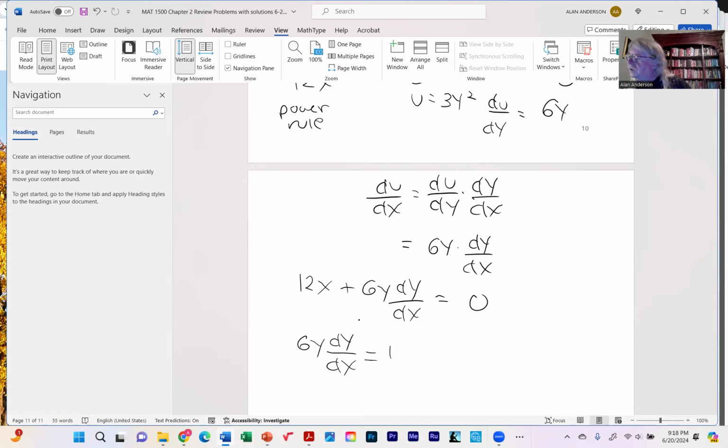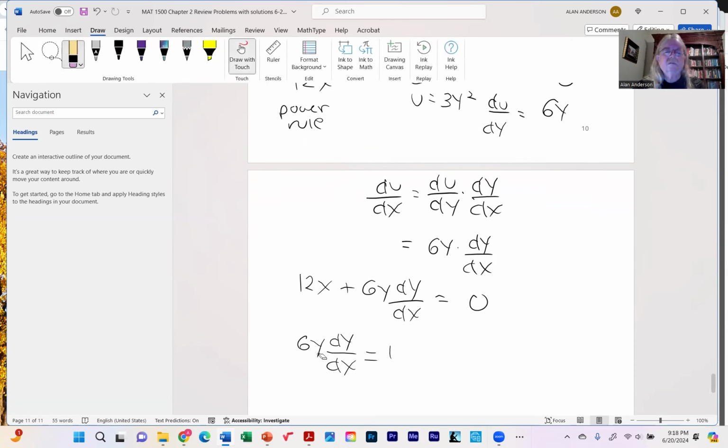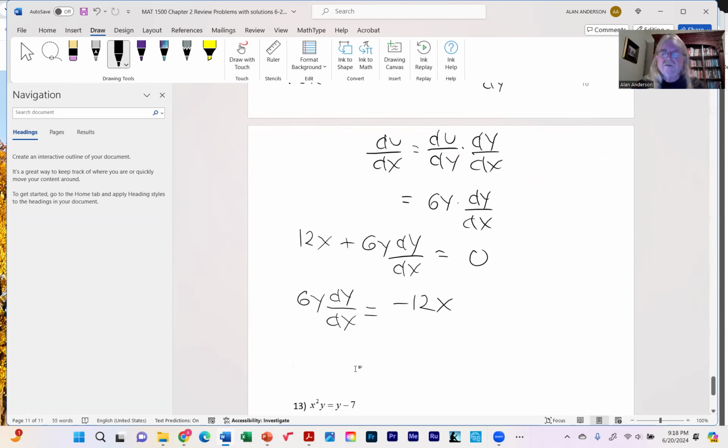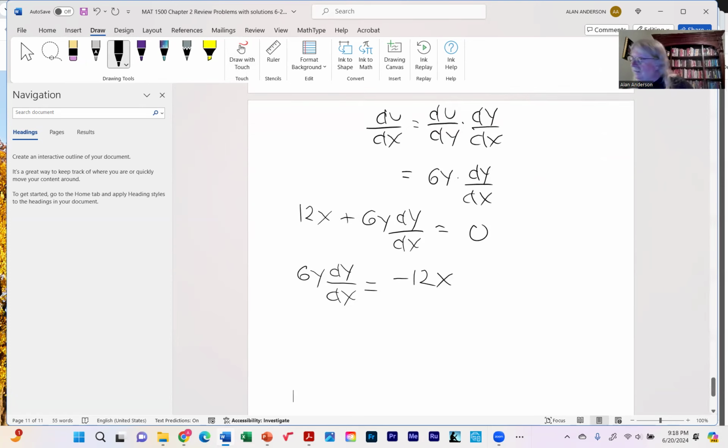So I'm going to subtract the 12x from both sides. I'll just divide out the 6y. That just leaves me with negative 2x over y.